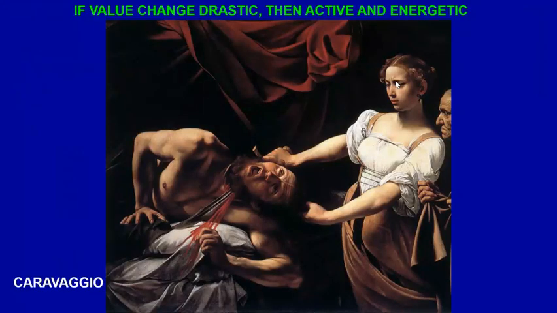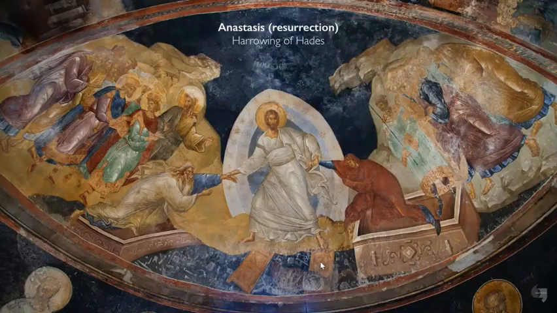But if the value change is drastic, then we have active and energetic colors. Notice the bright highlights and the dark shadows of this painting that we'll see next semester. That creates a much more interesting artwork, or it's more dynamic and dramatic.